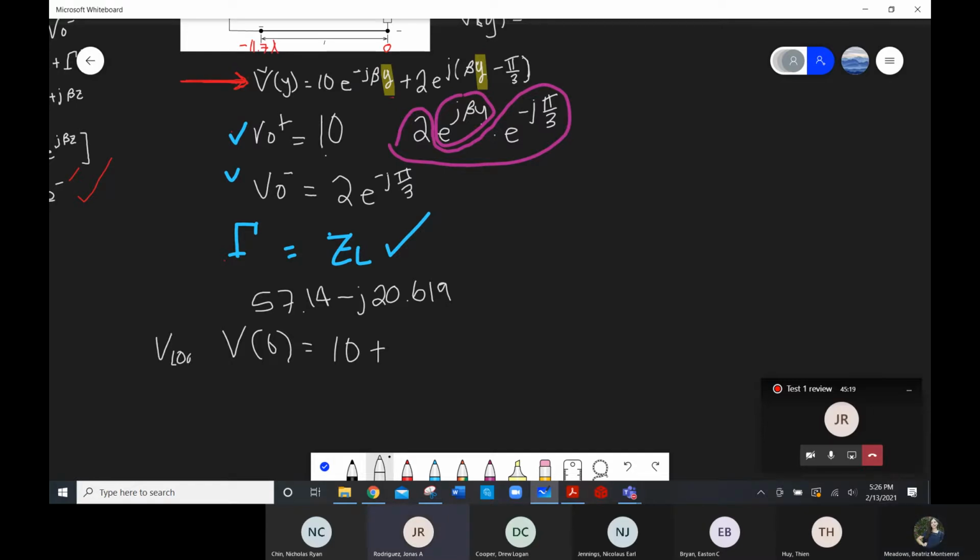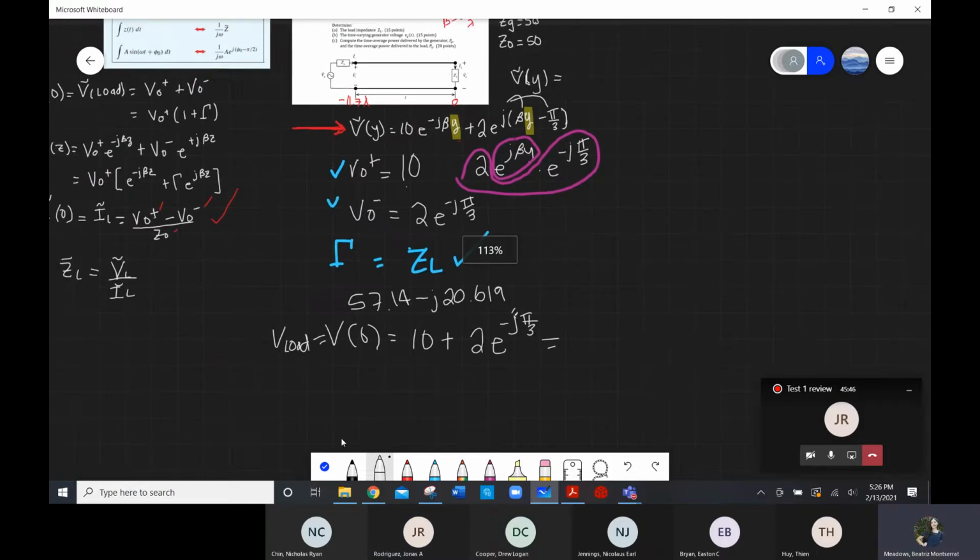It would just be 2 e to the minus j pi over 3, right? Don't forget the j. The j is distributed. Okay, so this is your voltage at the load.